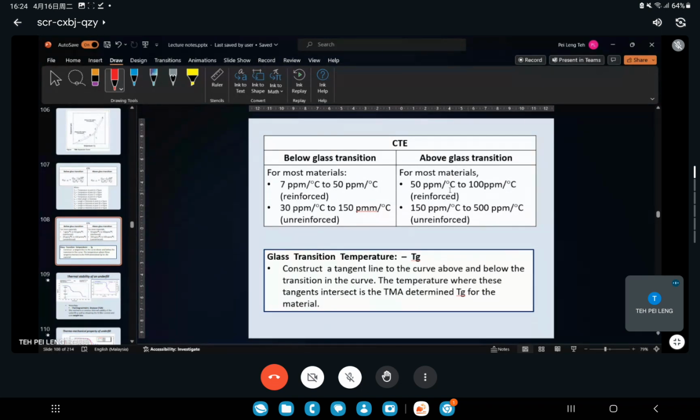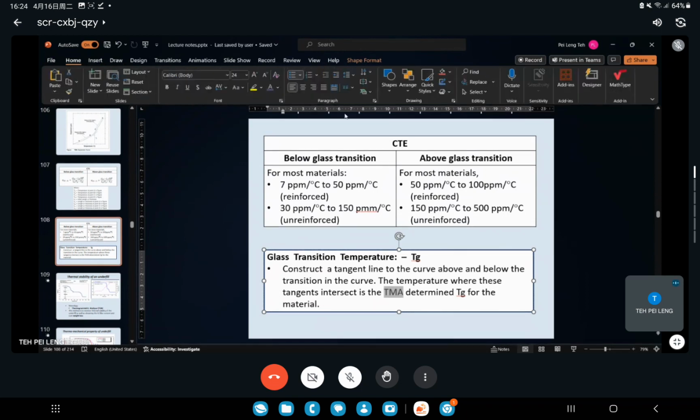After TG it is higher compared to below TG, but the one without filler is even higher compared to with filler. So if we need to construct a tangent line to a curve above and below, then we can get the TG using TMA.